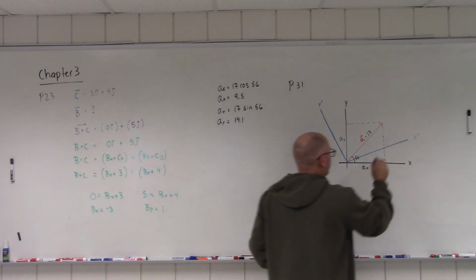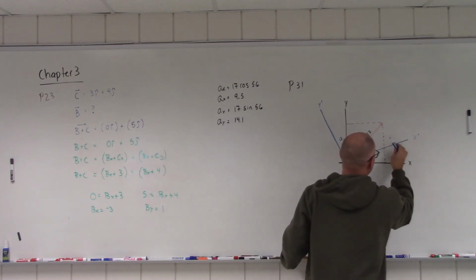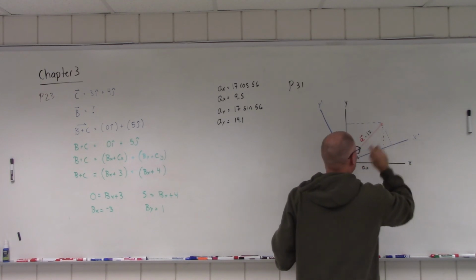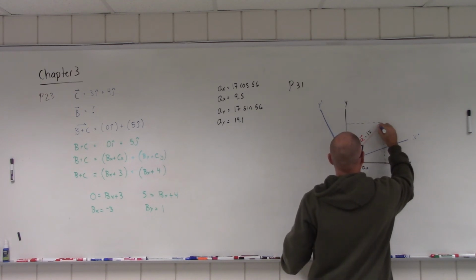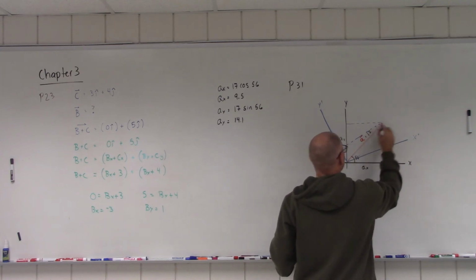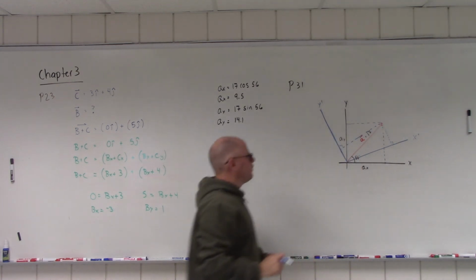But what you'll notice here is that we could still break it up into its horizontal and vertical components, where that's 90, that's 90.